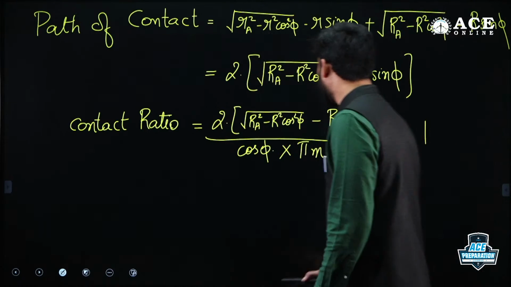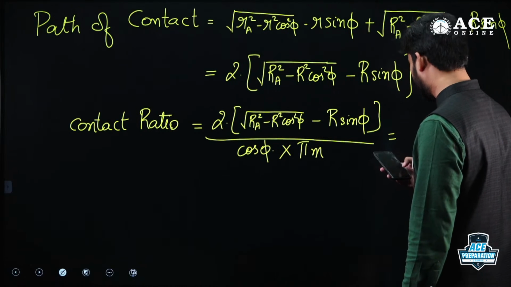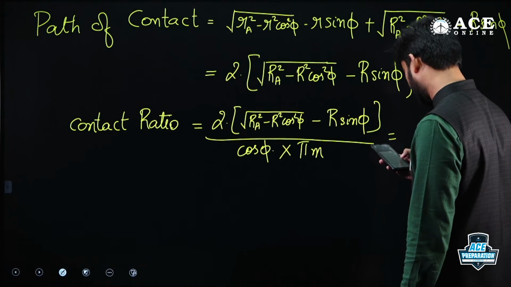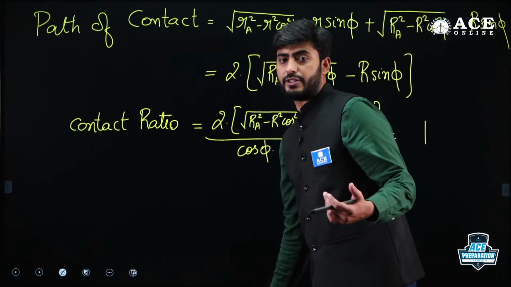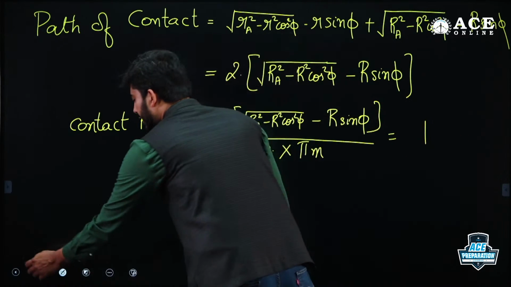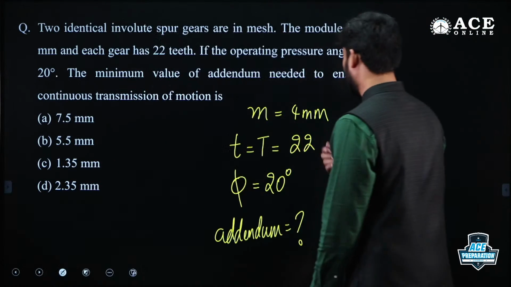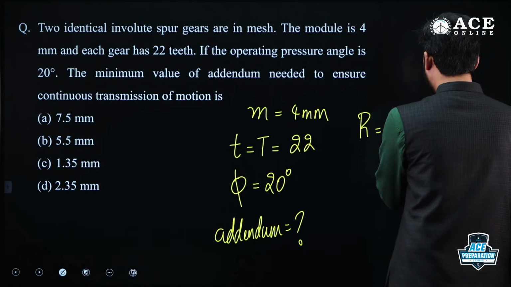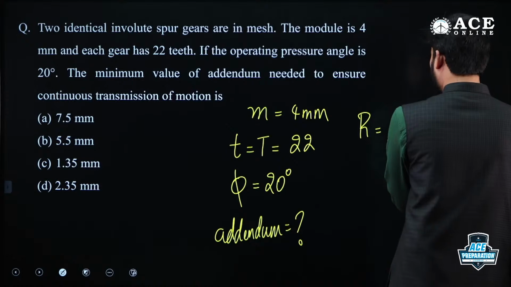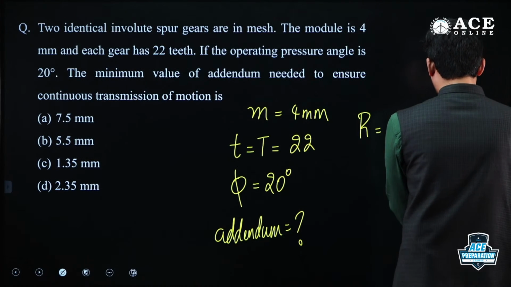Okay. So guys, all you have to do is substitute the values and get the addendum value. Here r will be equal to mt by 2, that is 4 into 22 by 2, which is equal to 44.